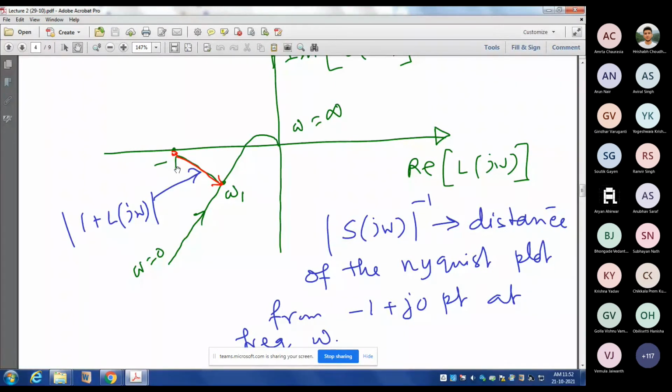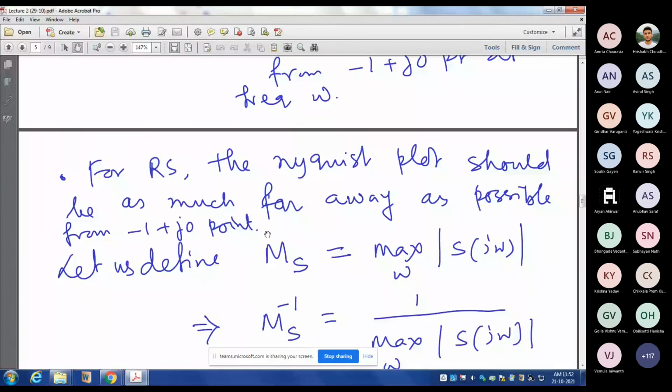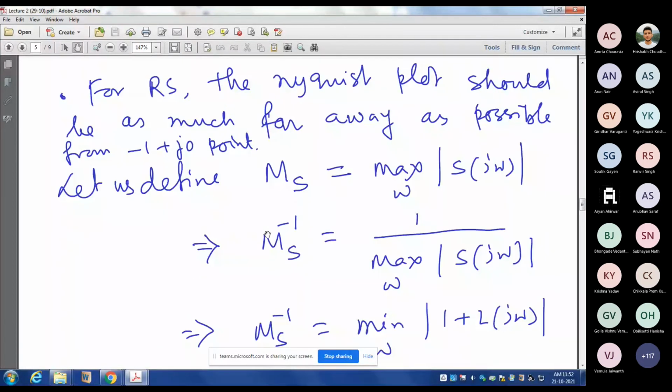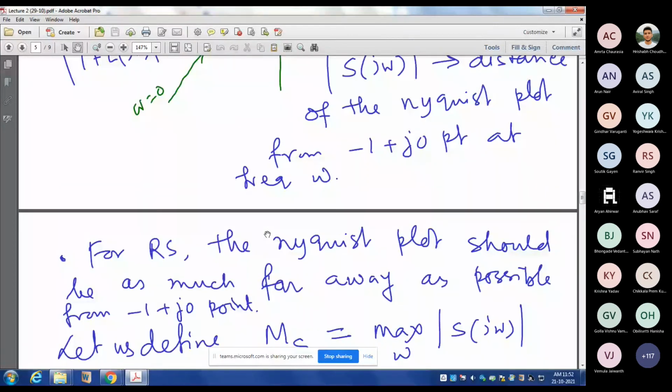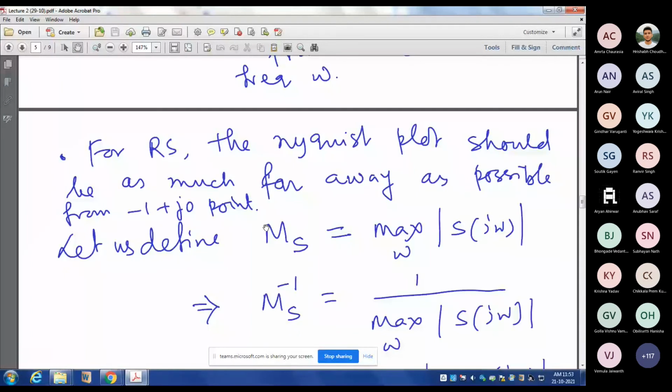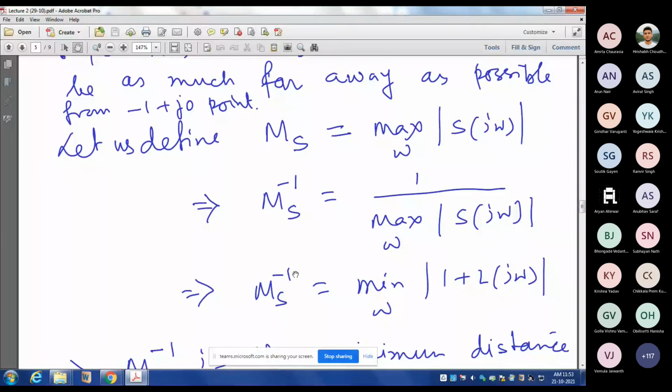As S(jω) is dependent on ω, we are interested in the minimum distance, the minimum value of |1 + L(jω)|, right? Minimum distance. The minimum of |1 + L(jω)| that I have marked here is equal to Ms inverse.